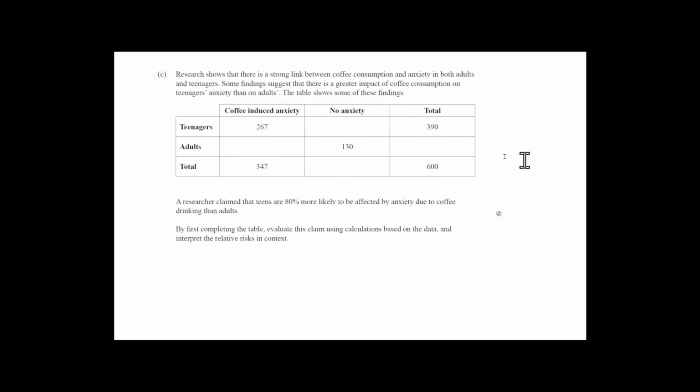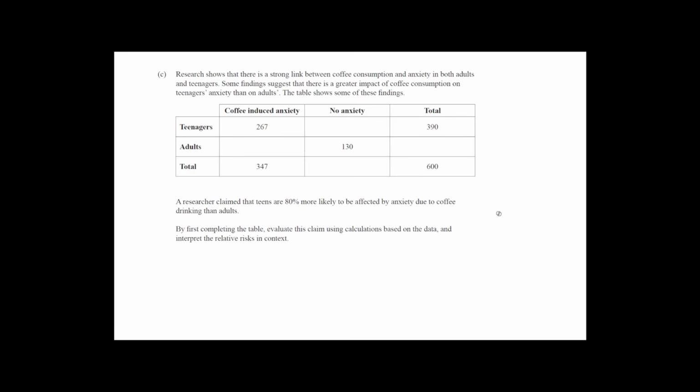Right, the last question. I hope, I think. Research shows that there is a strong link between coffee consumption and anxiety in both adults and teenagers. Some findings suggest there is a greater impact of coffee on teenagers' anxiety than on adults.